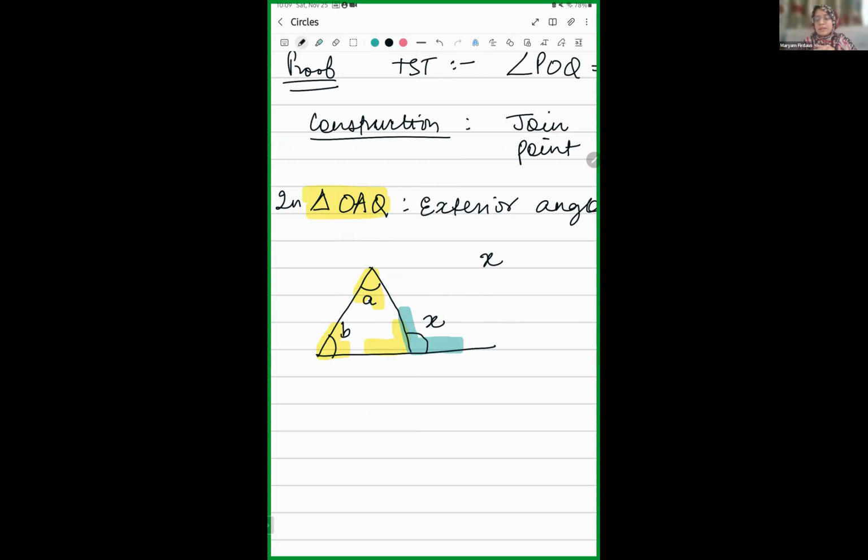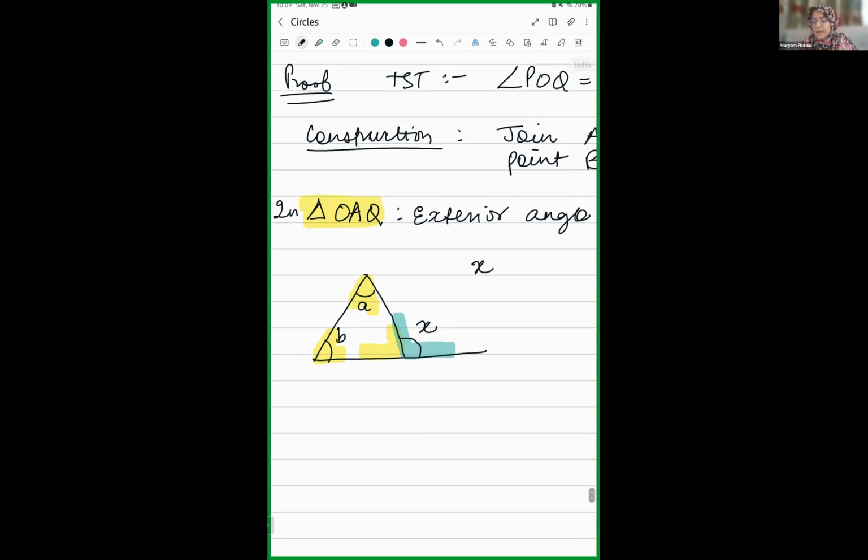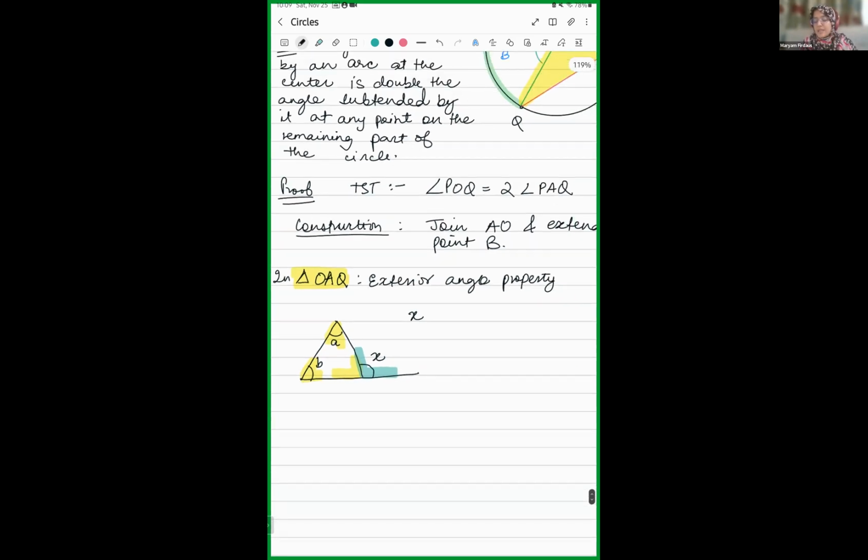So here the exterior angle is angle x. Now this property says that x is equal to the sum of the interior opposite angles, not this one, meaning the other two angles which are not adjacent to x. So a plus b. This is basically what the exterior angle property says.